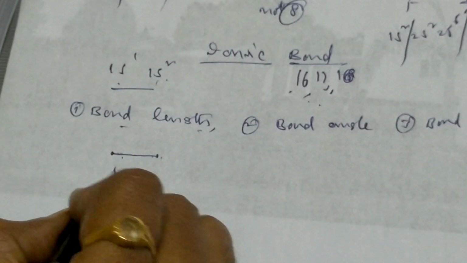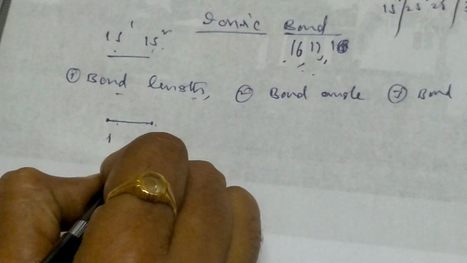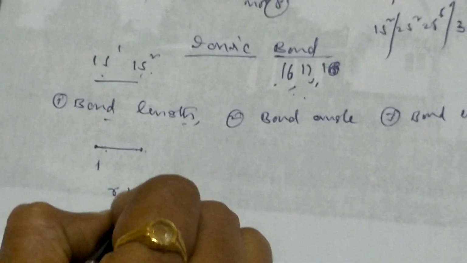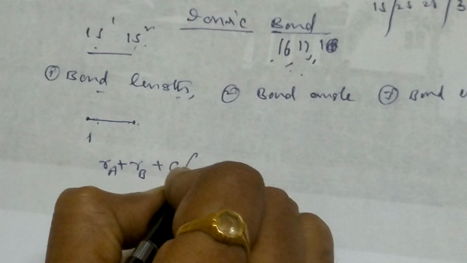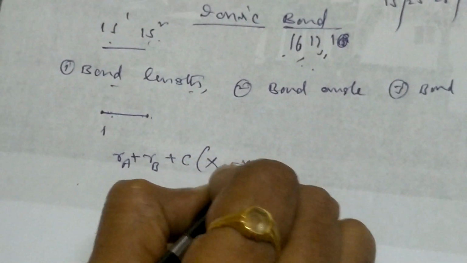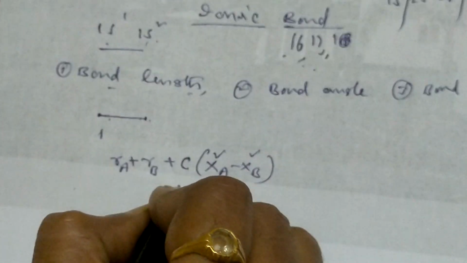So the bond length is RA, one radius, plus RB, the other radius, plus C into XA minus XB, where C is a constant, and XA and XB are the electronegativities.